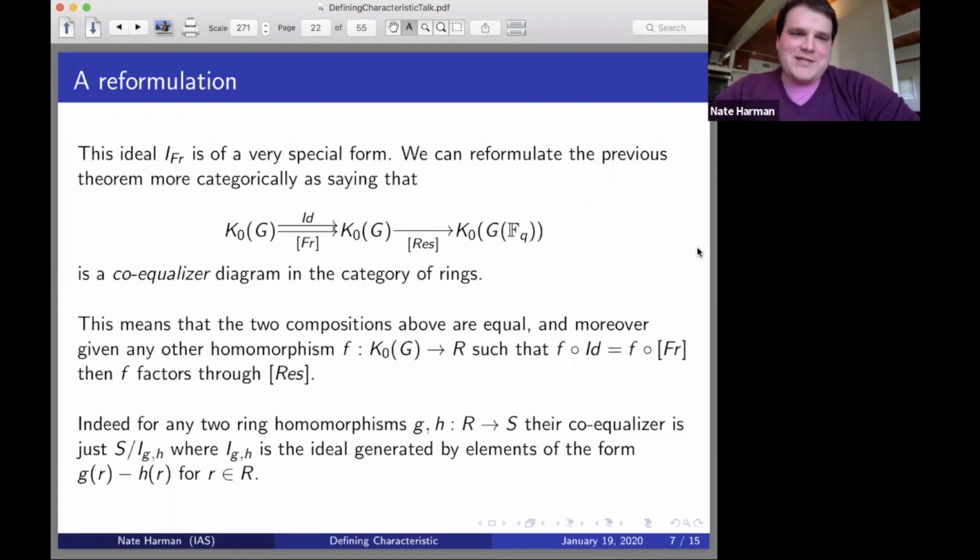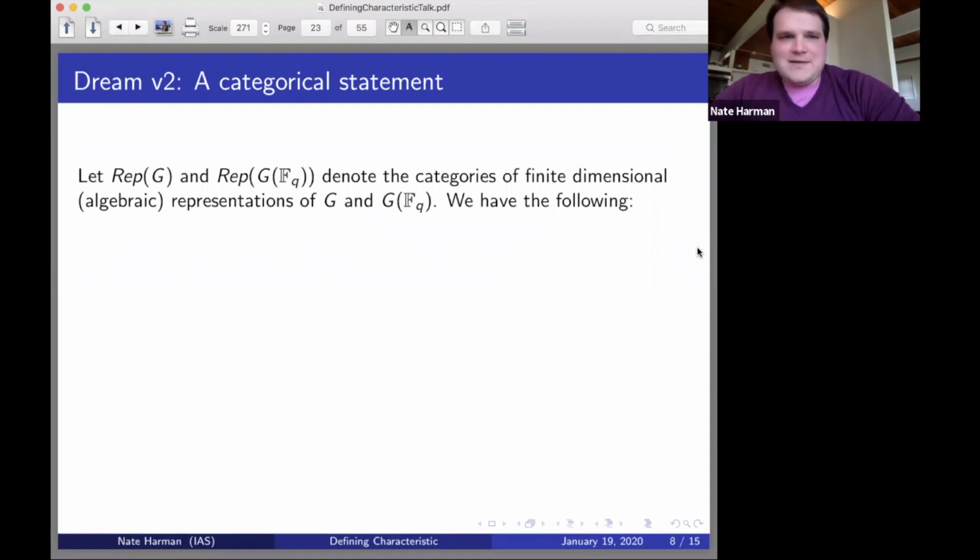In particular, it's convenient for the following: the actual categorical version of this theorem. So now let's look at actual categories of representations. I have Rep G and Rep G Frobenius-quotient, the categories of finite dimensional representations of these groups.